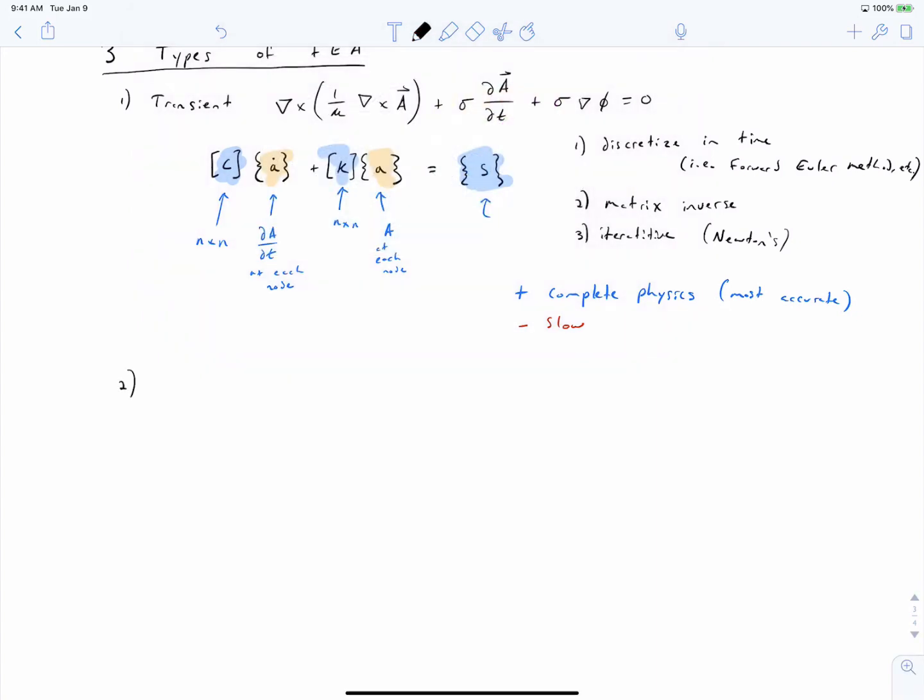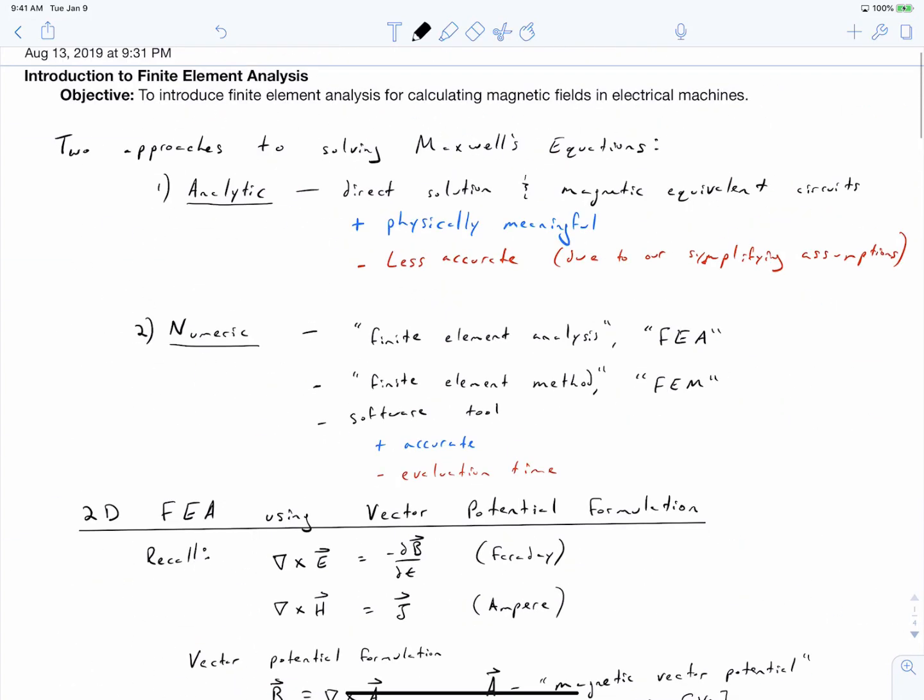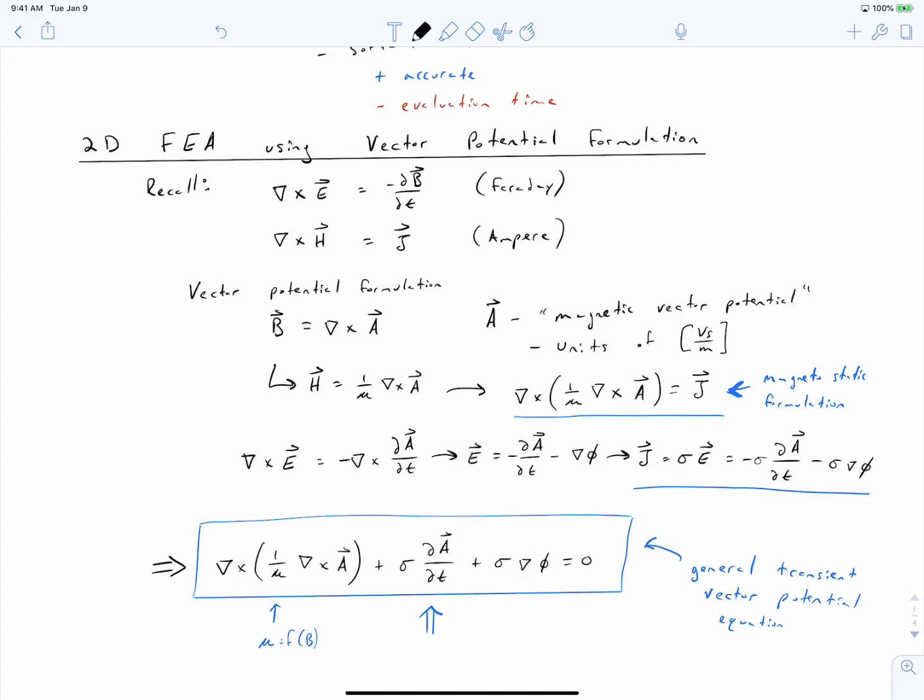Approach number two, which will be a particular focus in this class, is static FEA. And in this case, we take our same vector potential formulation, but we get to neglect all the time varying terms. So we actually go back to this equation that I labeled up here as being our magnetostatic formulation.